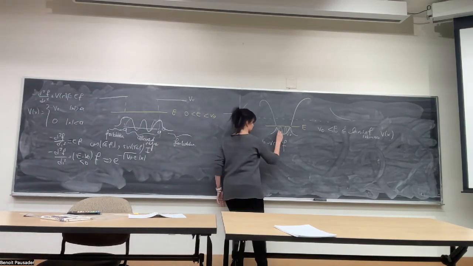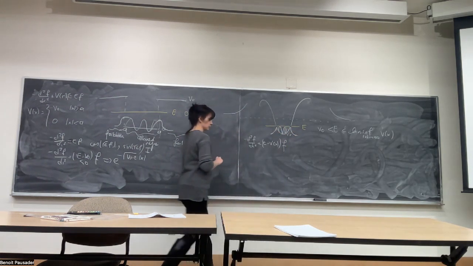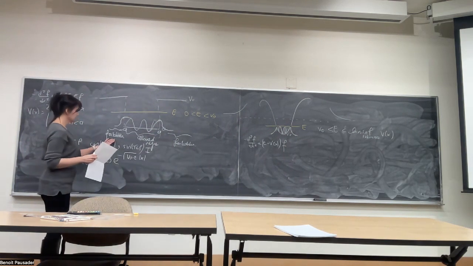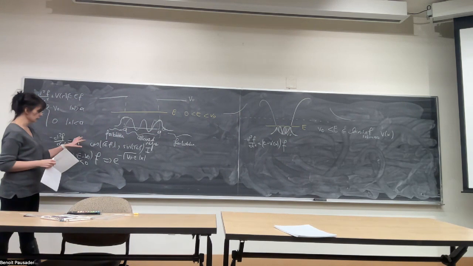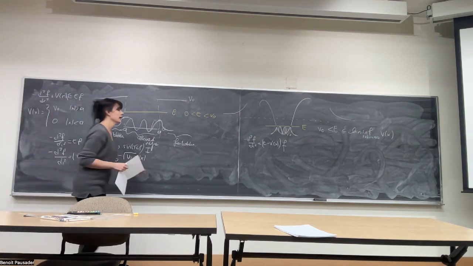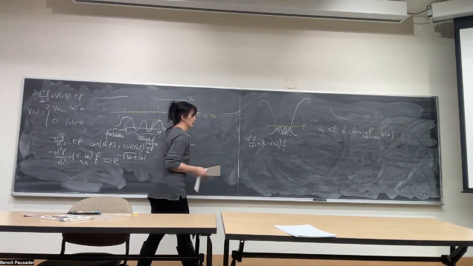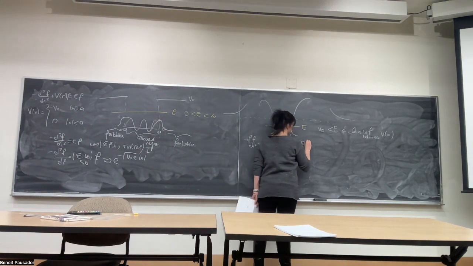In the allowed region we will have oscillation, and outside we'll have the exponential decay. Here is where the WKB actually comes across. In the previous problem we could write everything straight, but here we cannot, so we're going to approximate the solutions.